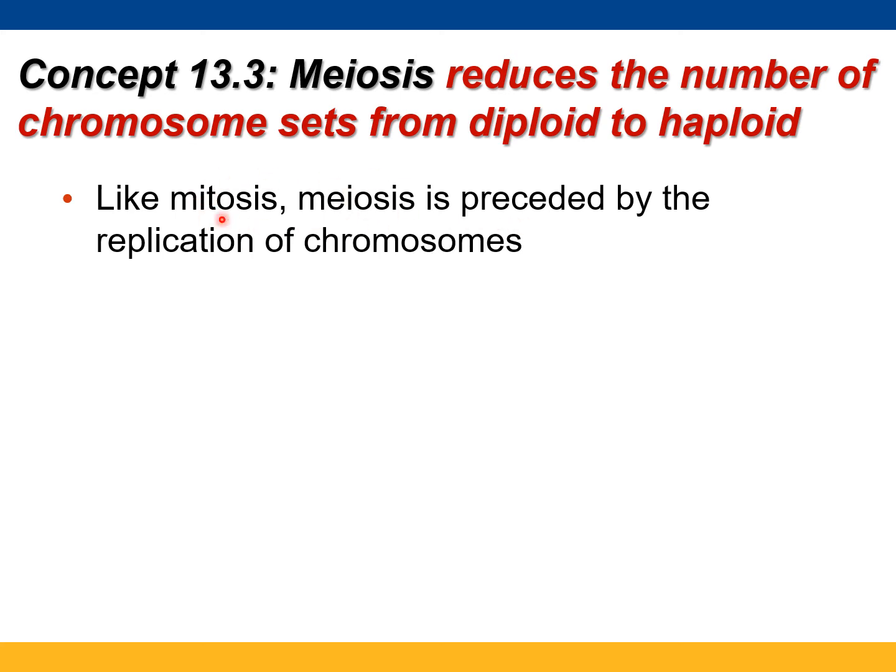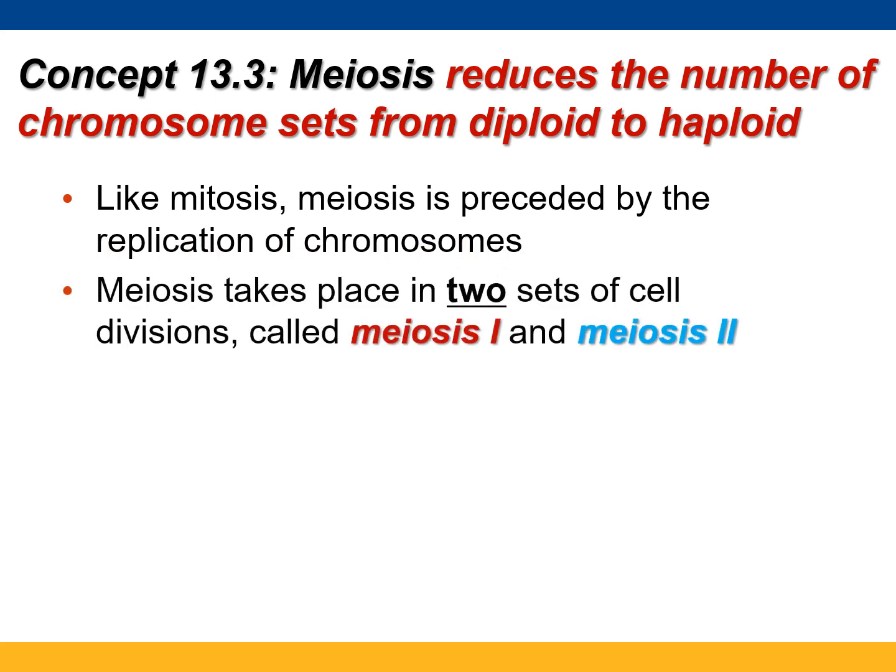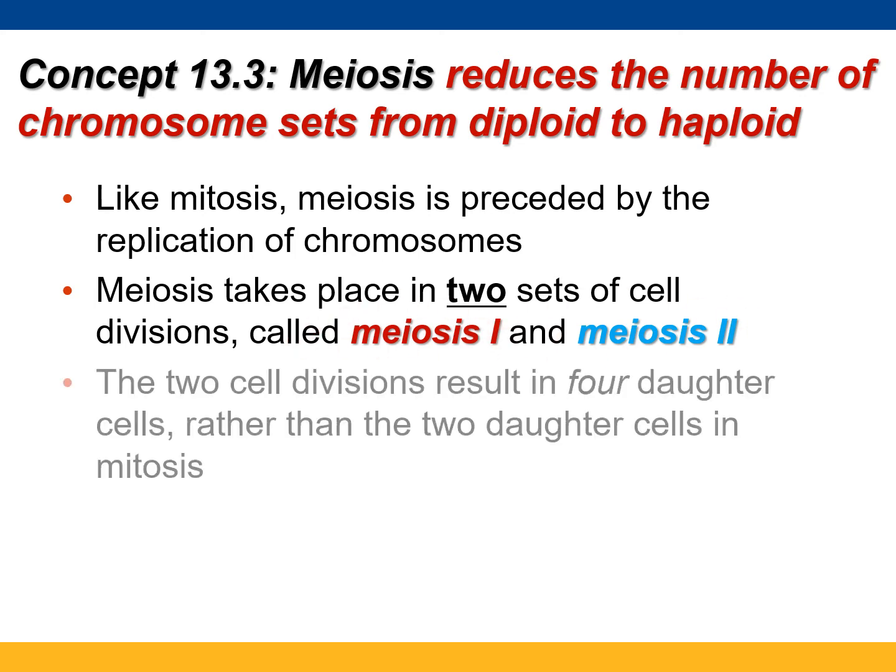Things that they have in common, they replicate their chromosomes prior to the onset of the divisional process. In the case of meiosis, we actually have 2 cell divisions, and that's why we end up with 4 daughter cells. We have a Meiosis I and a Meiosis II. So we're creating 4 daughter cells rather than 2, and they're not going to be genetically identical.